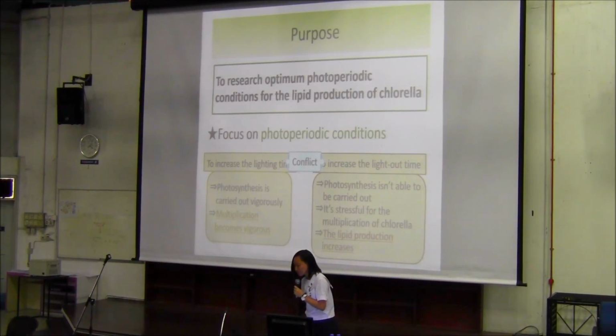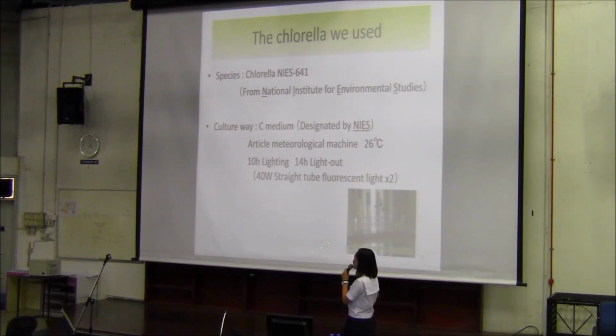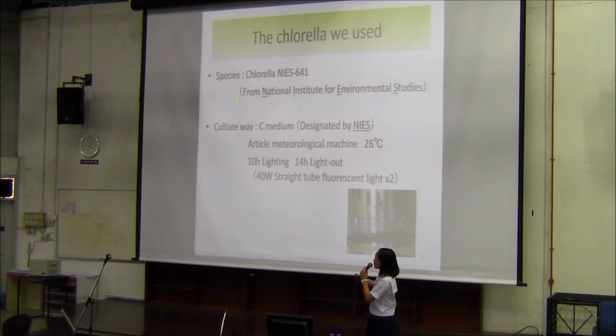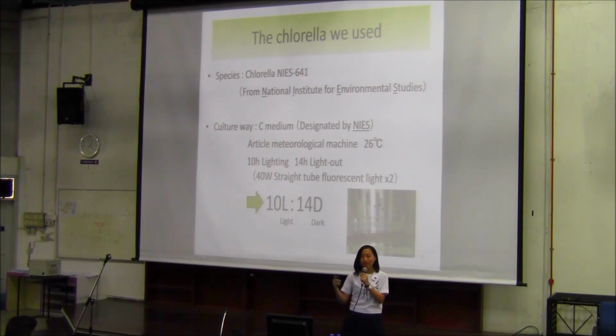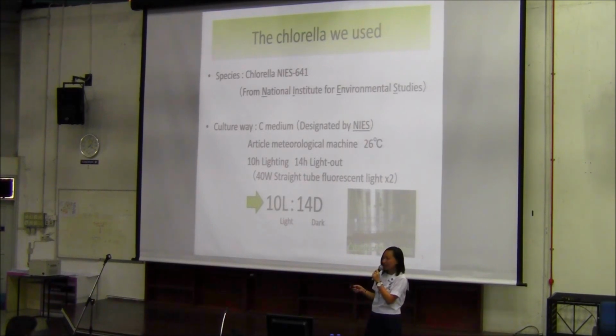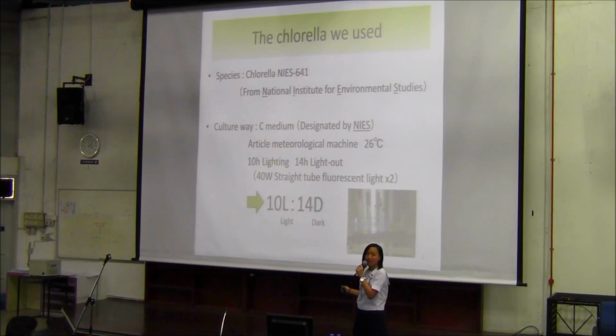Next, this slide shows the species of Chlorella that we use and the culture method that we did. Now I use capital L for lighting time and capital D for light out time. So if I light Chlorella for 10 hours and put it in the dark for 14 hours, I express it as 10L and 14D.